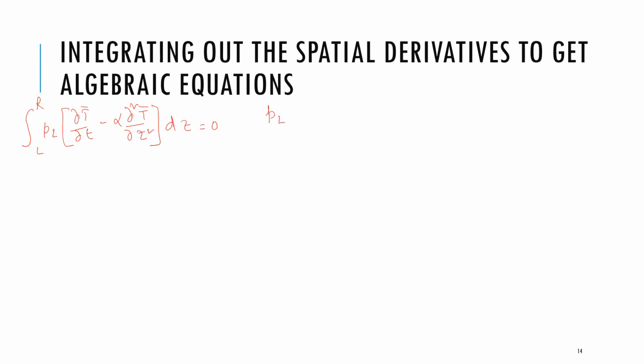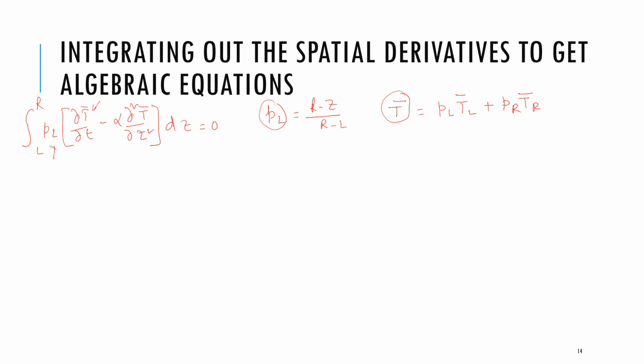One is PL equal to R minus Z over R minus L, and also T bar is equal to PL TL bar plus PR TR bar. We just want to plug in both of these into this equation and simplify. That's all we're going to do.